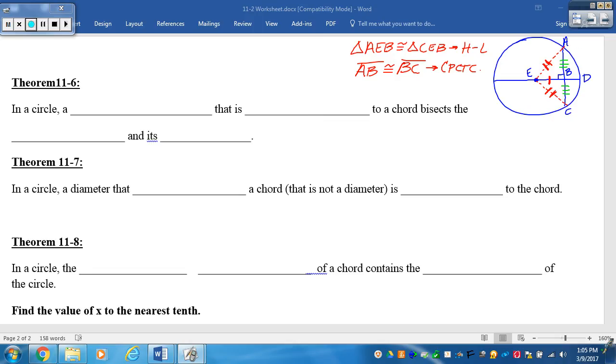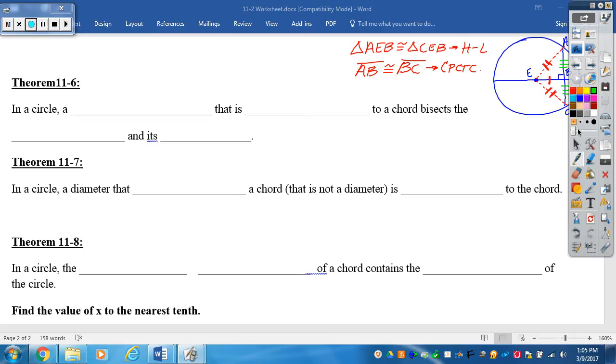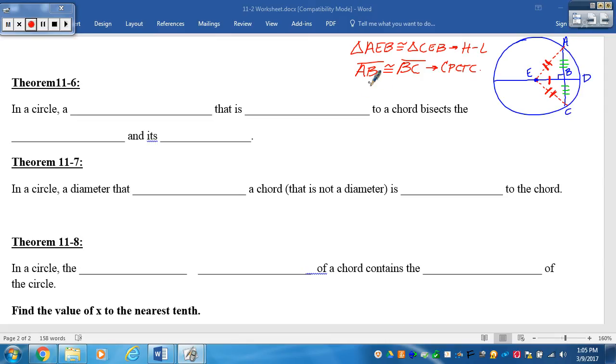Okay. Now the other parts that would also be congruent within those two triangles would also be your angles here. So if I go ahead and jot down that angle, let's do AEB, would be congruent to angle CEB. Again, this would be by CPCTC. Now, how does that help me finish off this proof here?